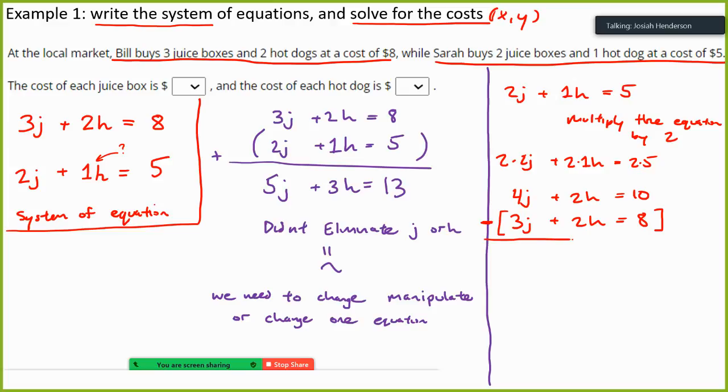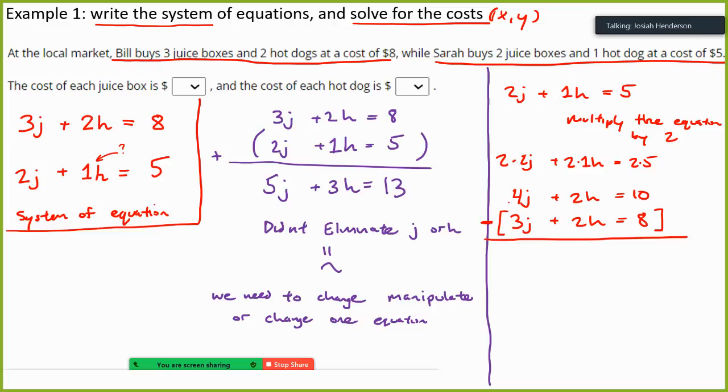I'm going to write it out the same way we write out subtraction in the old days. Back when you first learned about it, you put one on top of the other and do minus. And we're going to go down the line and do 4j minus 3j, 2h minus 2h, and 10 minus 8.